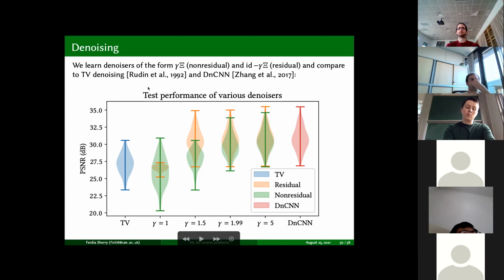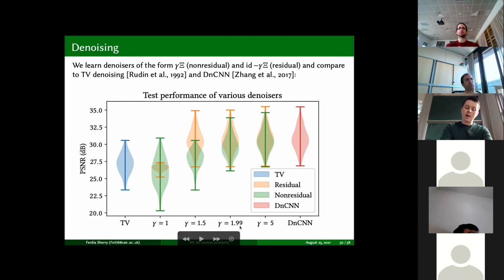And here we're comparing to the DnCNN, which is a benchmark for denoising, and which also uses the residual learning approach. So the somewhat disappointing thing is that if you have this unscaled network, you don't do that well, and you have to go up.